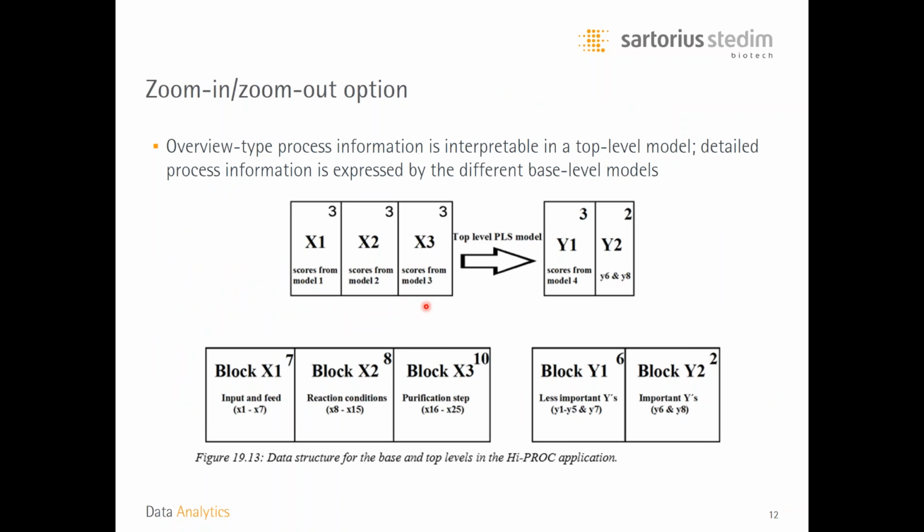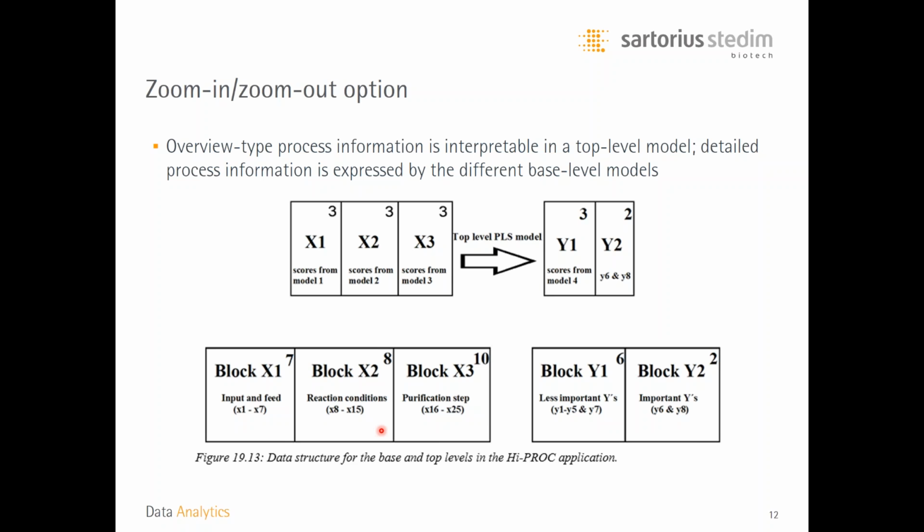One process example that we're using in our trainings relates to the dataset called PROS1A, and here we have a block formation on the X side according to what type of variables they are or which stage in the production they are related to. So we have one X block that is related to input and feed.